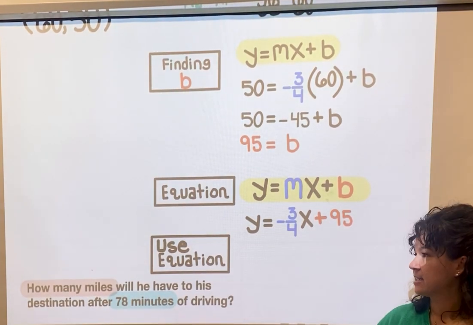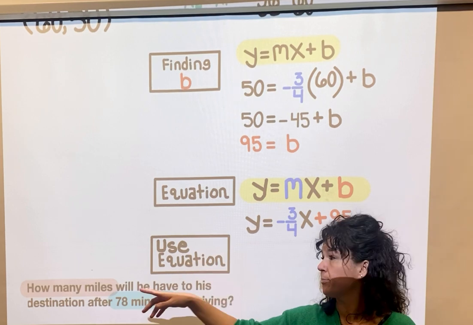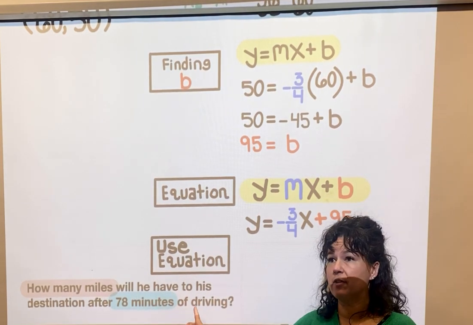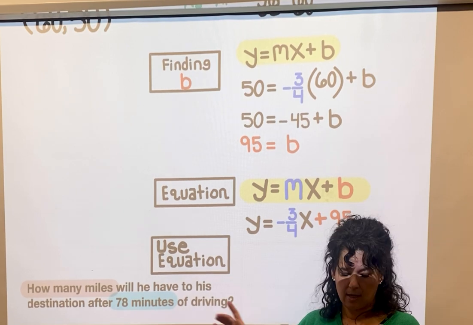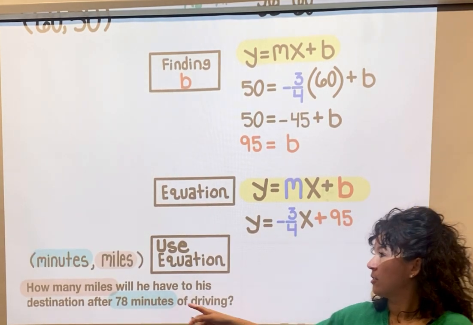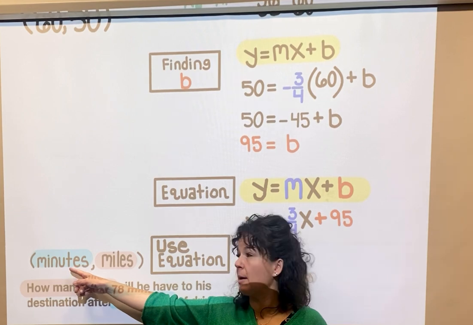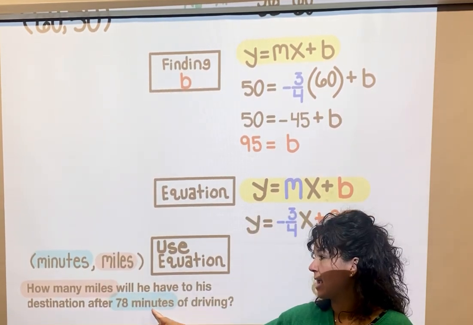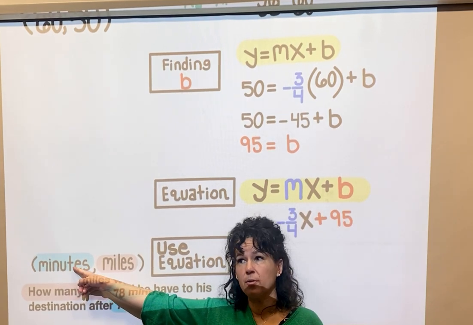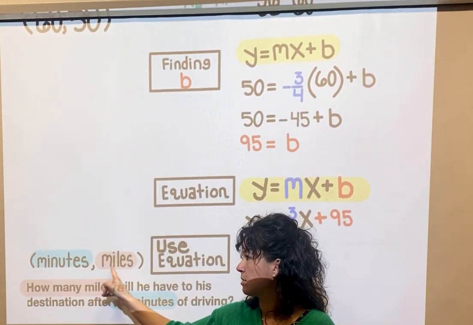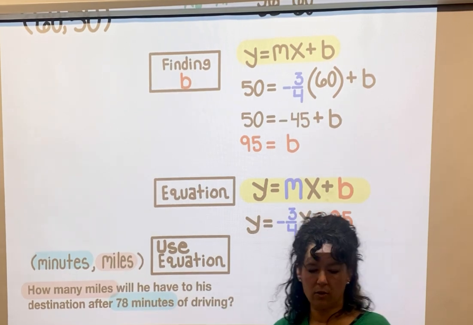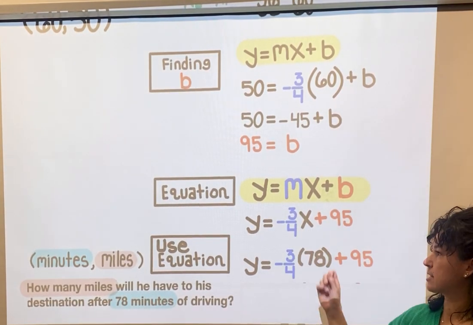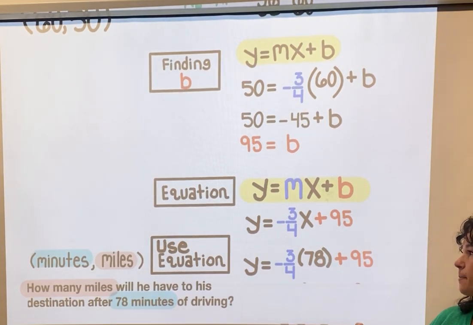At the very end, it says, given this information, how many miles will he have to his destination after 78 minutes? And keep in mind that we know from the graph that it was minutes, comma, miles. So they just handed me the x value, and they're asking me to find the y value. So I'm going to go in and replace the x there with 78.